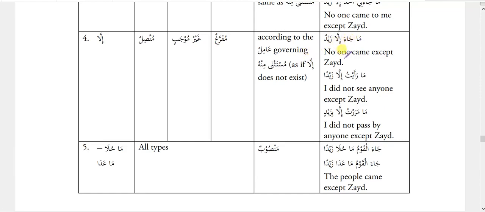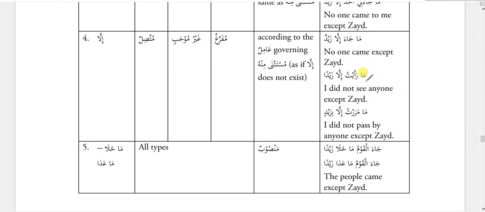So the i'rab will be with three choices. Here the i'rab is not prefixed, but the i'rab of mustasna in this place is based on the context or the position of that word.